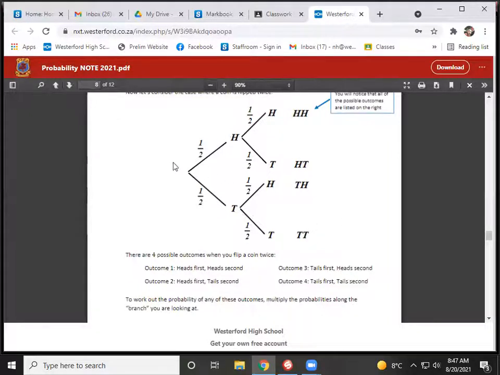So the first time you flip the coin, it can land either on heads or tails. But now if the first coin landed on heads, the second one again will either land on heads or tails. And if your first coin landed on tails, the second one can again either land on heads or tails. That is why we do 2 sets of branches.